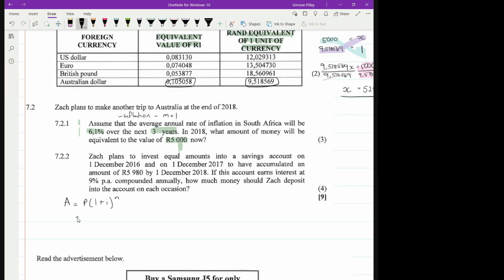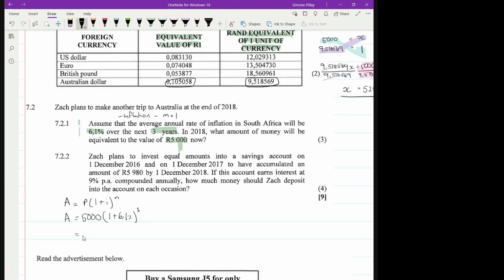So I'm calculating the future amount, which will be in 2018. Right now, we have 5,000 Rand. We want to see what it is going to be in 3 years' time with an inflation rate of 6.1%. Let's all do this calculation and see what we get.